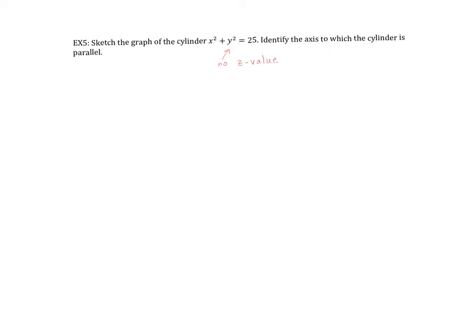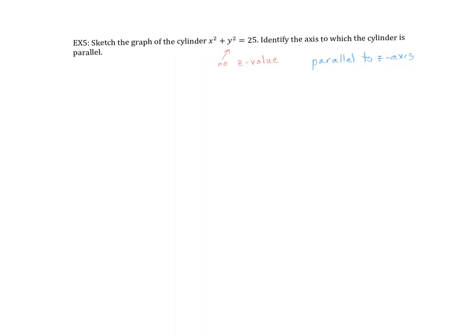And since there's no z value, I know that it's parallel to the z-axis. So I get that right away. Okay, so we've identified the axis to which the cylinder is parallel.